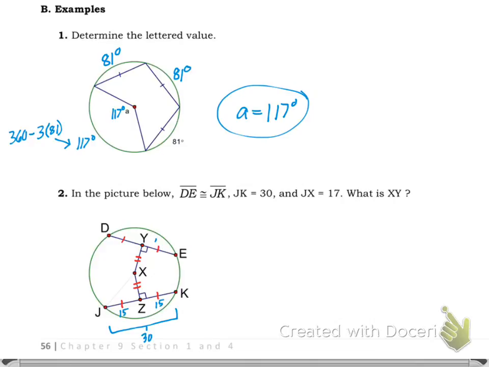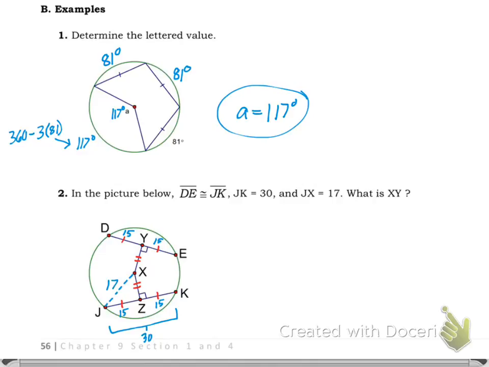That would be 15. This would be 15. This would be 15 as well. All right, JX equals 17. So J to X. I don't know if you could see it on yours. Yep. So that would be 17.